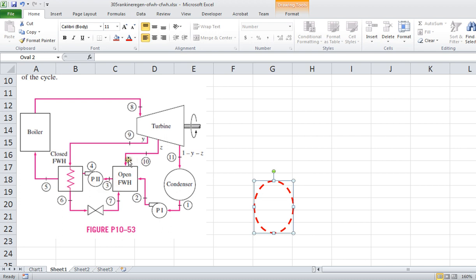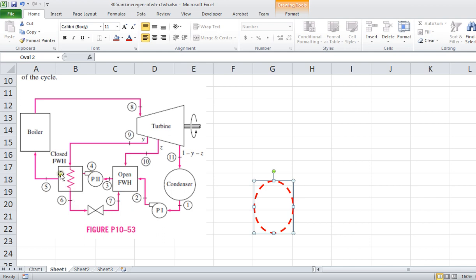What does that mean? Well, everything here, 3, 7, 2, 10, that's all the same pressure because they're connected together through this open feed water heater where all those streams are in contact. On the other hand, if we look at the closed feed water heater, the pressures 9 and 6 are going to be the same because they are connected through a pipe.